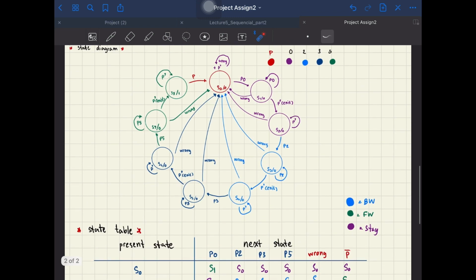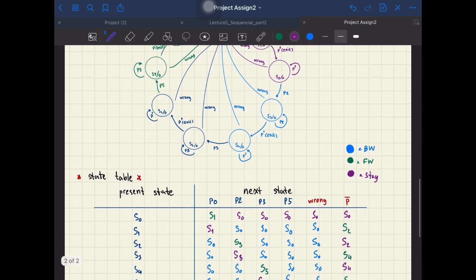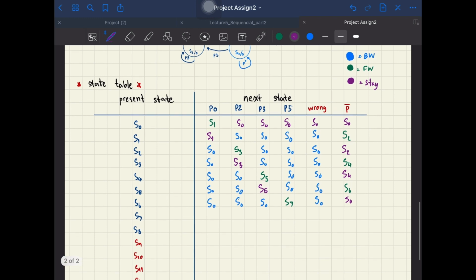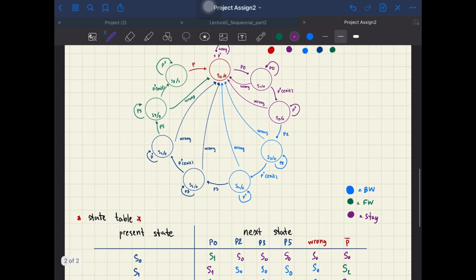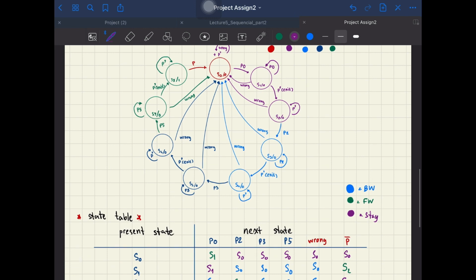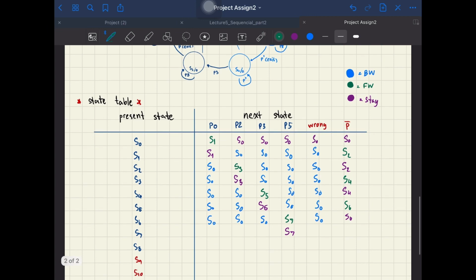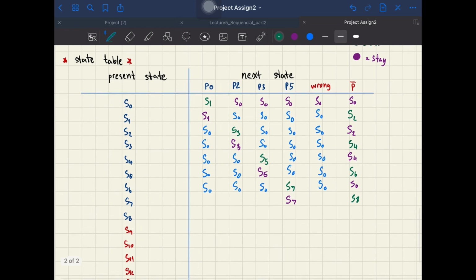Almost done. We are at state 7. If you want to stay in state 7, use the purple thing and you must press 5 to stay in state 7, and we need to lift the button to go to state 8, so we use green things to represent the transition forward.